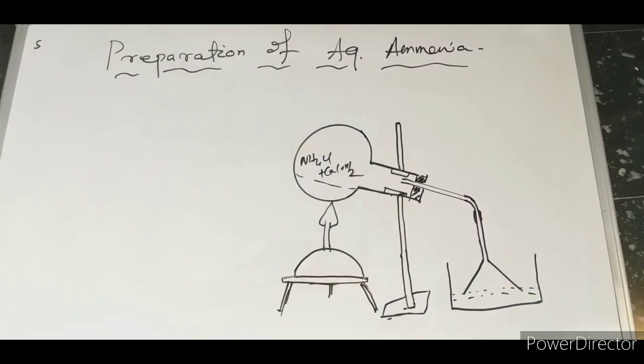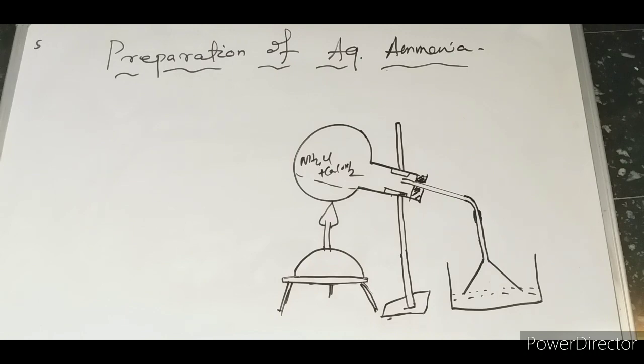So I hope you understand Haber's process. Now we will see how to prepare aqueous ammonia. Last time we saw the preparation of ammonia in three ways: from ammonium salts, from metal nitrides, and from Haber's process. Now let us see how we prepare aqueous ammonia.